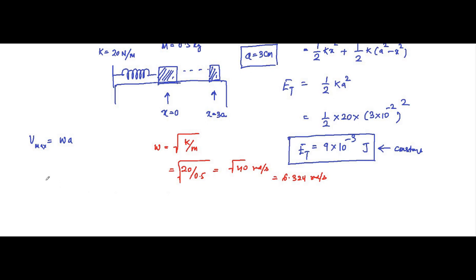Now the maximum speed or velocity will be equal to 6.324 into A, amplitude, which is 3 centimeter, converting into meter, 3 into 10 to the power minus 2, that is equal to 0.19 meter per second. So this is the first way.